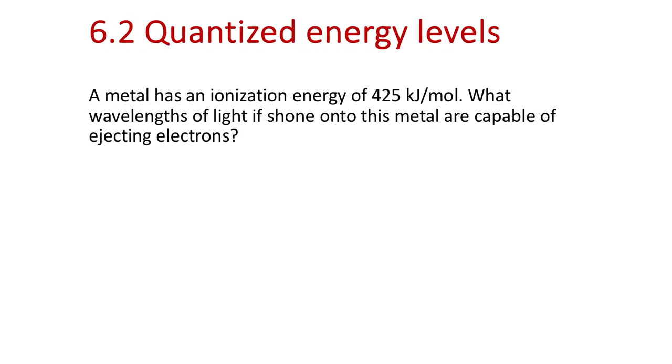So we can solve a problem like this one here that says, if a metal has a characteristic ionization energy of 425 kJ per mole, then what wavelengths of light, if shined onto the metal, are capable of ejecting electrons? So the idea here would be, we'd have to think per one metal. What's the ionization energy of one metal atom?